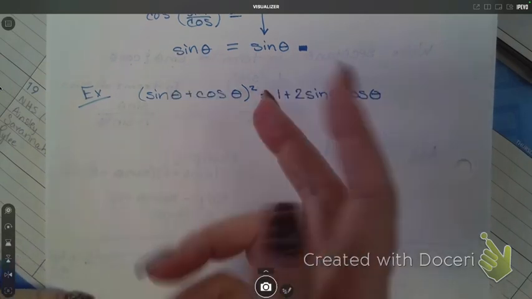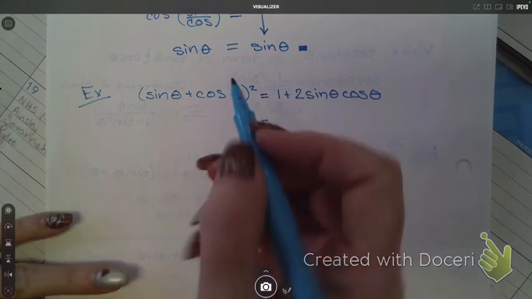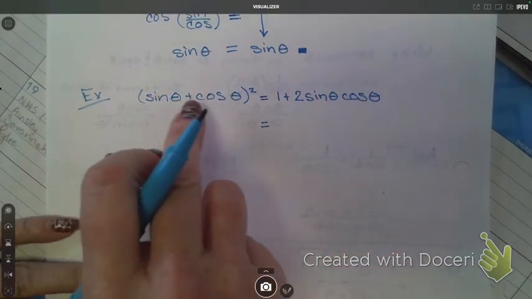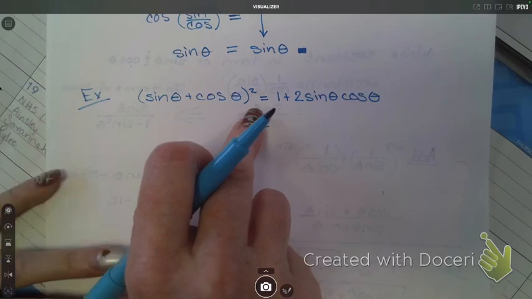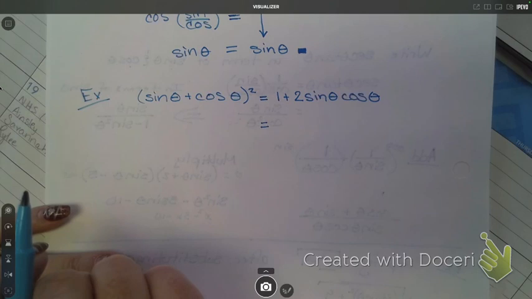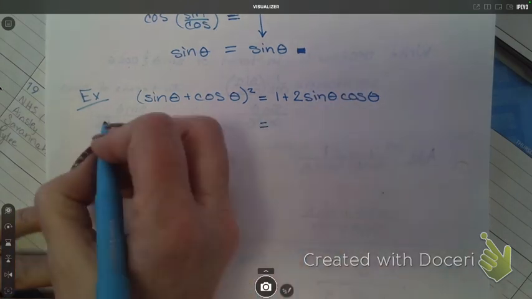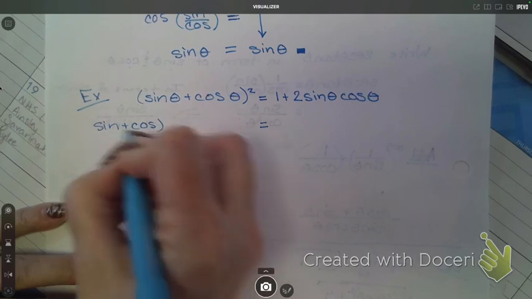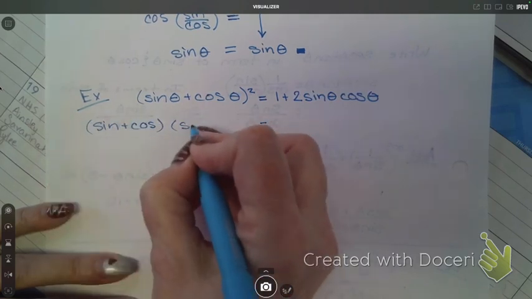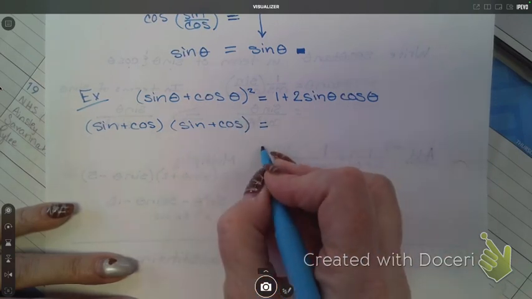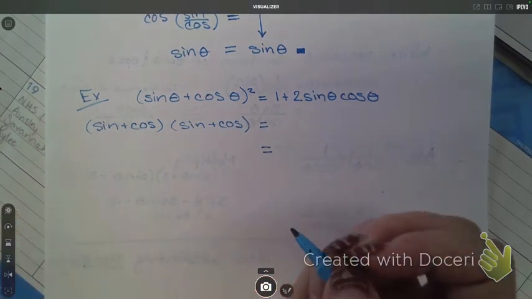You can flip them. So if I multiply this, this is sine plus cosine times sine plus cosine, correct? Do I need to write that out or can we FOIL it without writing it out? Yeah, write it out. Okay, so my next step obviously would be to FOIL it.